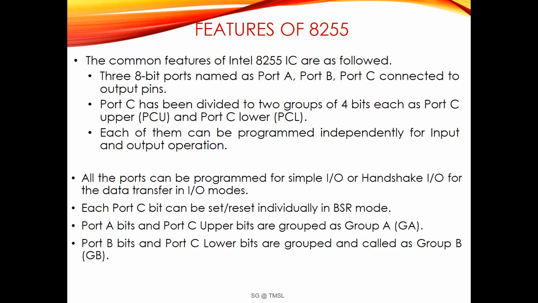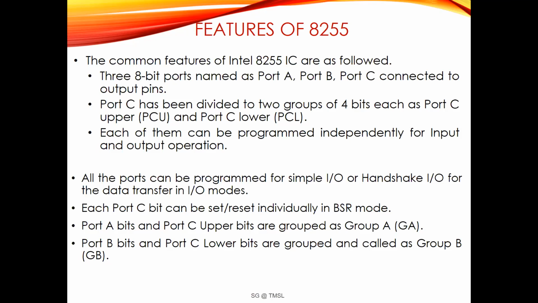Port A is 8-bit in size, port B is 8-bit in size, and also port C is 8-bit in size. Now, port C is again divided into two groups, 4 bits each, like port C upper and port C lower, PCU and PCL, and each of them can be programmed independently or as 4-bit ports for input and output operations.